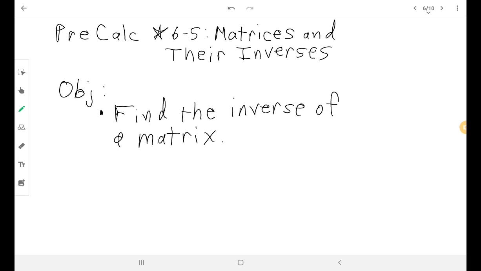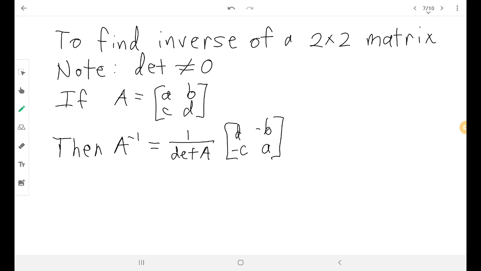All right, let's move on to section 6.5, matrices and their inverses. And there's only one objective here, to find the inverse of a matrix. So let's do some problems from this. Let's talk about how to find the inverse of a 2 by 2 matrix.